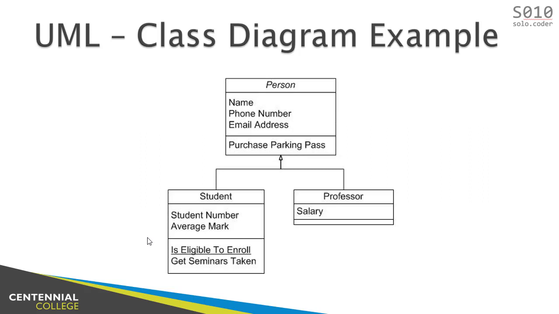Here's an example of an inheritance diagram. We have the person class, we have student and professor. They both inherit from person. We have common elements at the person level, and then we have specific information about each class on its own.